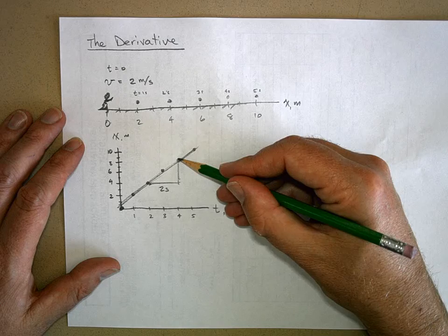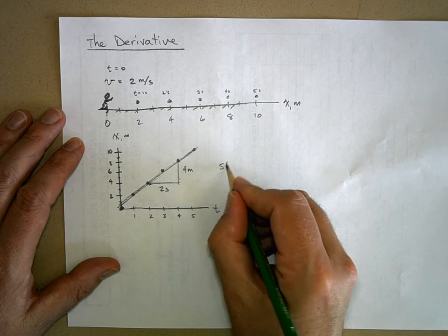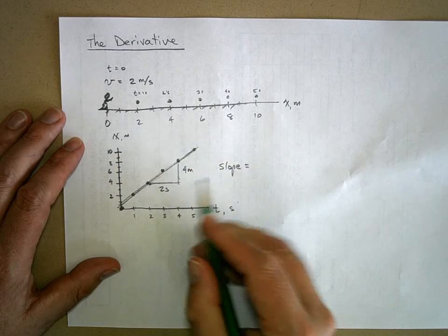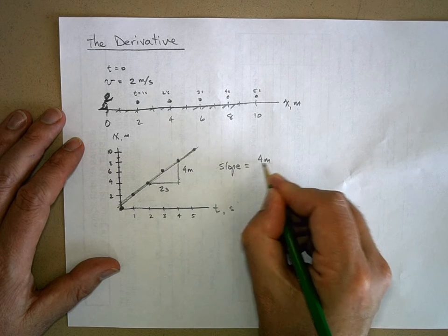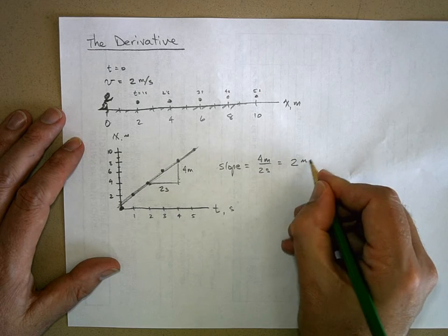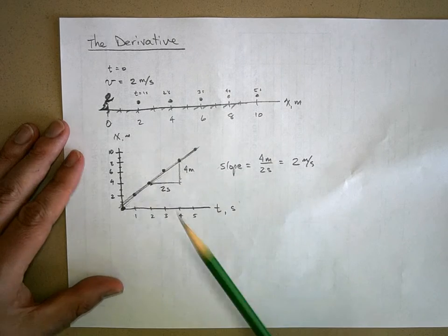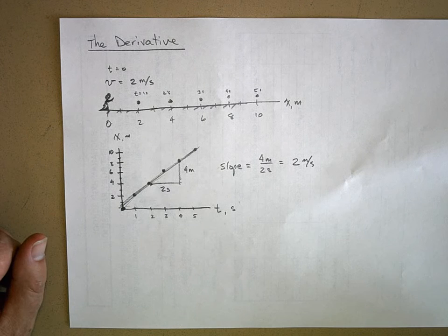And here we went from 4 to 8, so that's 4 meters. So the slope is 4 meters over 2 seconds. So that's 2 meters per second. Now, what I've just done here is I've taken the derivative of this graph. Because what is a derivative?